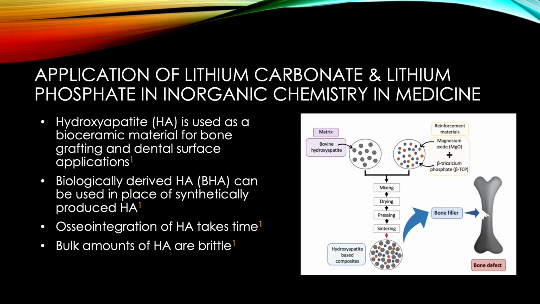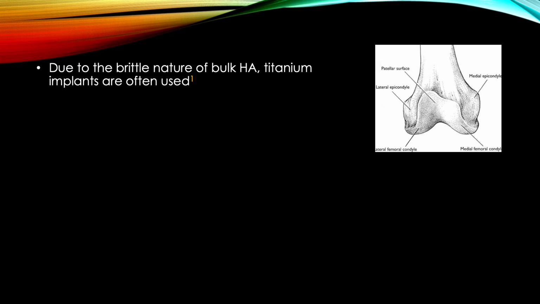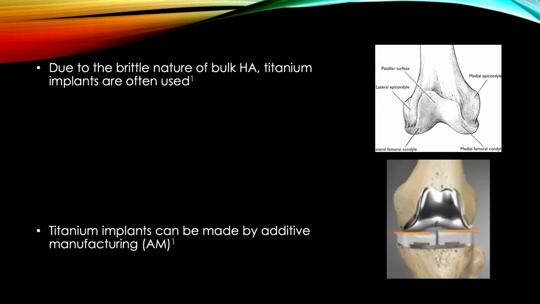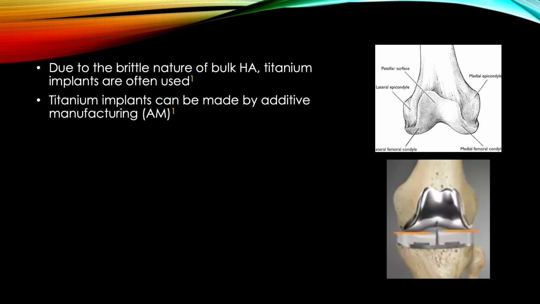You can't just manufacture an entire bone or large tooth out of HA because bulk amounts of HA are brittle. So due to the brittle nature of bulk HA, titanium implants are often used. Titanium implants can be made by additive manufacturing, often referred to as 3D printing.